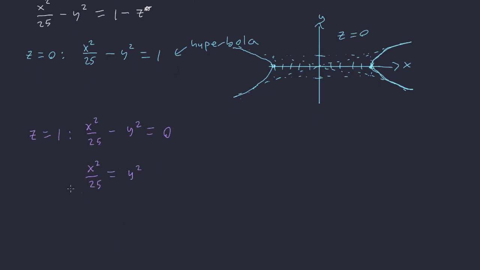This tells me that y is equal to plus or minus the square root of x squared over 25, so it's plus or minus x over 5. Well, what does that mean? It means that we have two lines. We have a positive one and a negative one with slope 1/5.